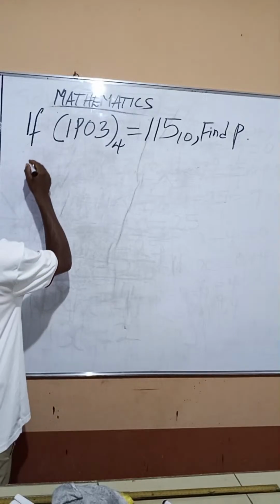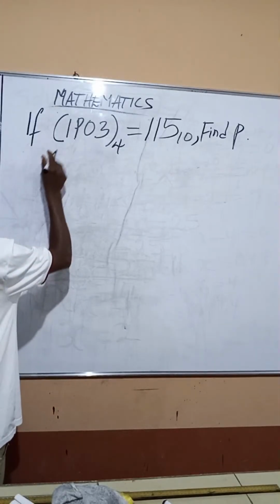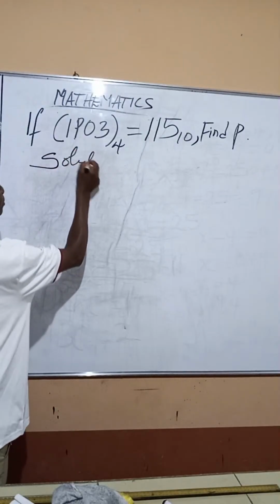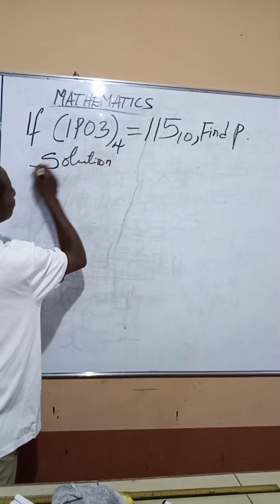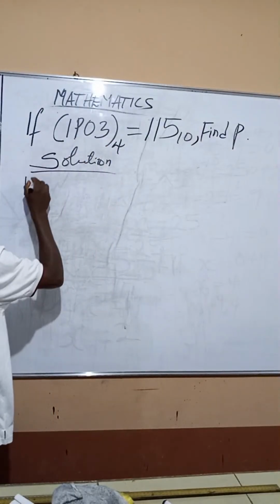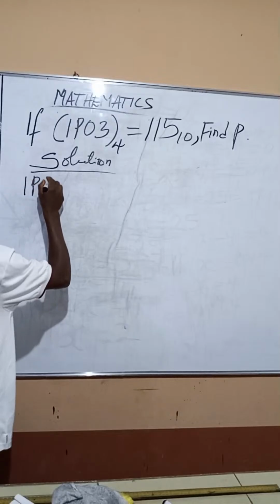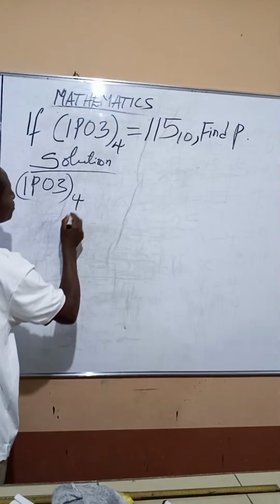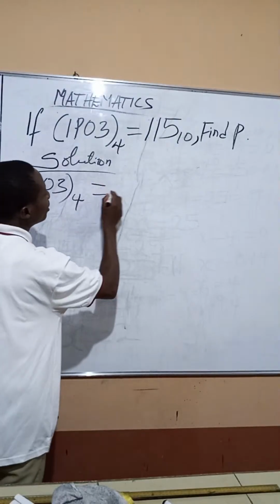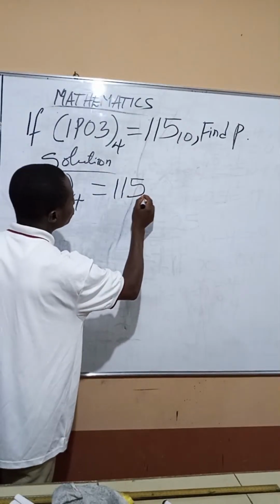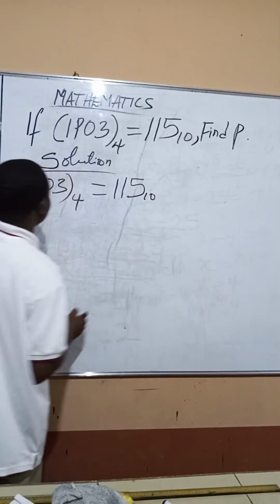Now let's look at the solution. So we have 1, P, 0, and 3 in base 4, and all of them equal to base 10.